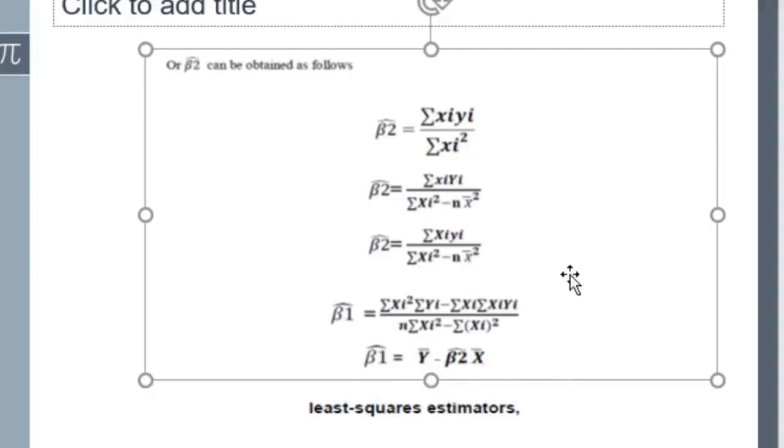Estimators obtained in this way are known as least square estimators, since they are derived from the least square principle. Least square takes the sum of squares of the error term, and from that we can derive beta 1 cap and beta 2 cap as follows.